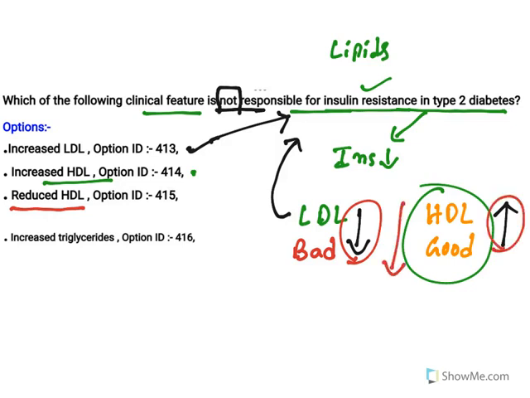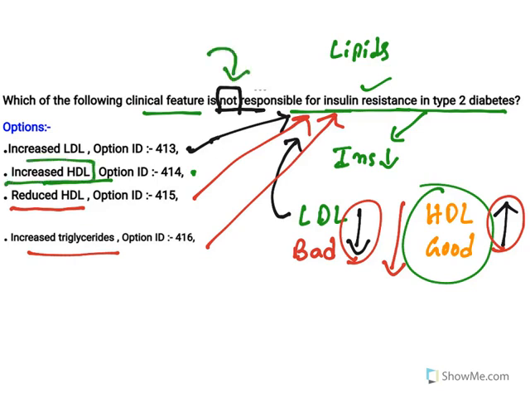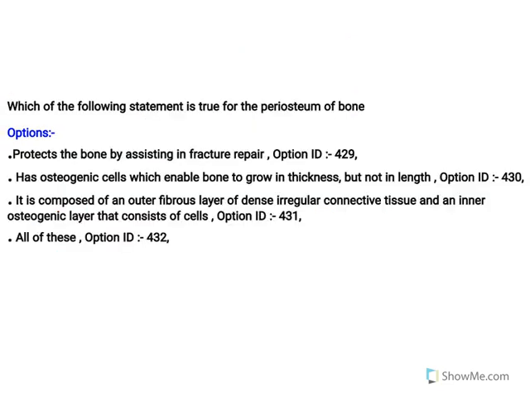If HDL is low, that also causes insulin resistance. Increased triglyceride also causes insulin resistance. So only feature that is not responsible for insulin resistance is increased HDL. Increasing HDL is increasing good cholesterol, which enhances the cell activity and reduces insulin resistance. So this is the answer. Moving to the next one.